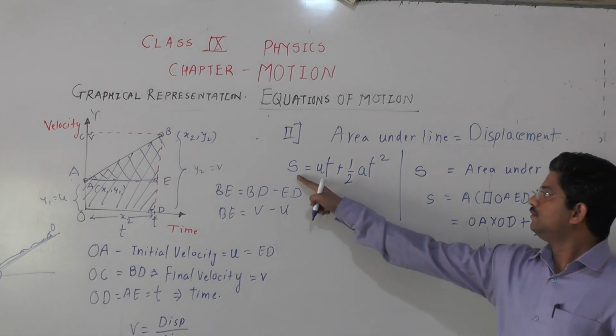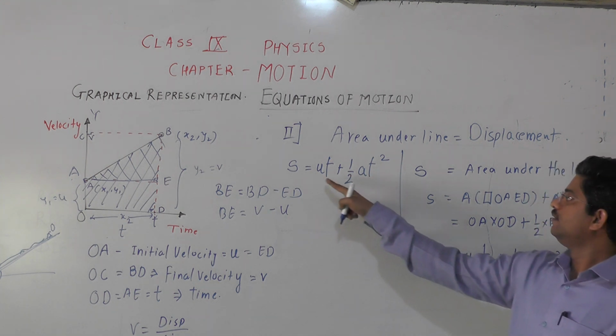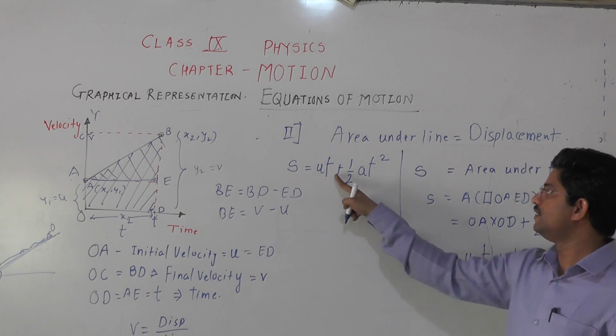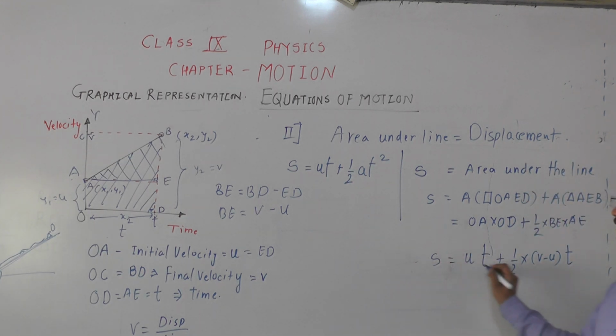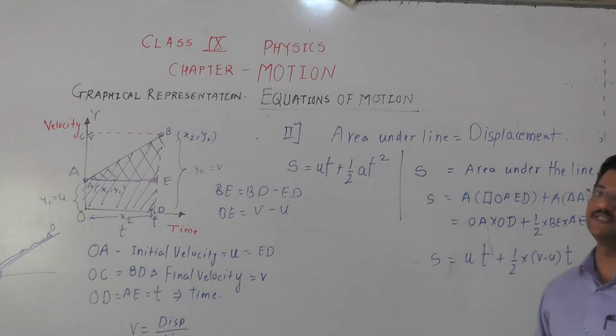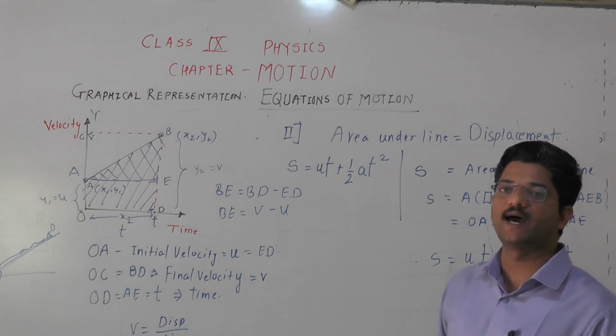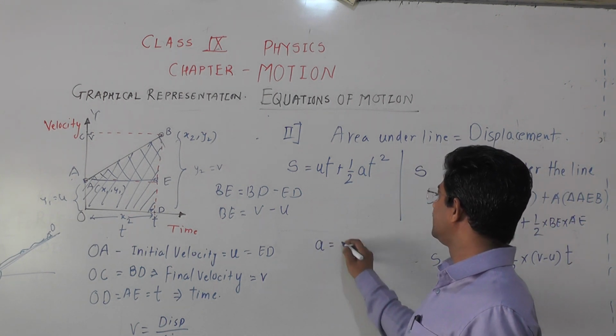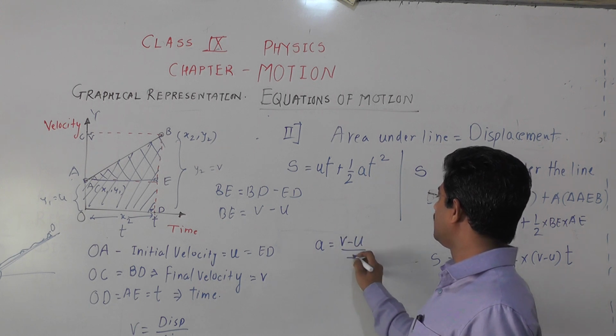We are now at the final step. We got the expression up to these values. S is equal to ut plus half of v minus u into t, but the parameter acceleration is missing. Now we will introduce this parameter. We already know the definition of acceleration. It is nothing but v minus u upon t.